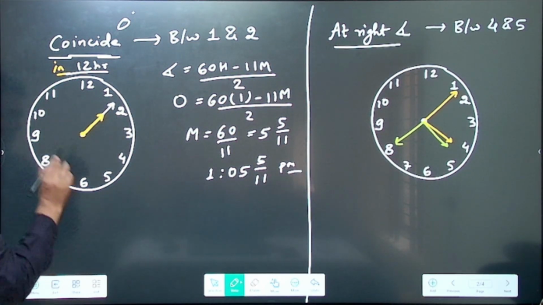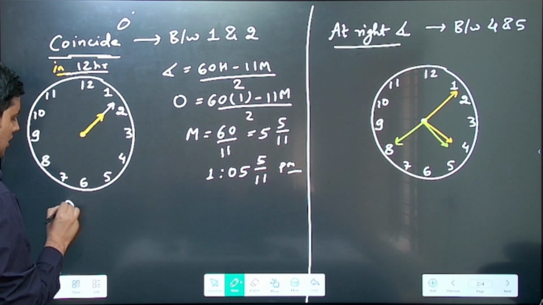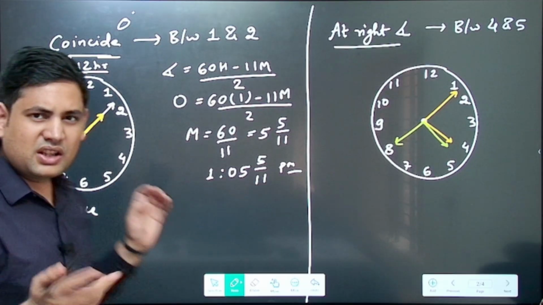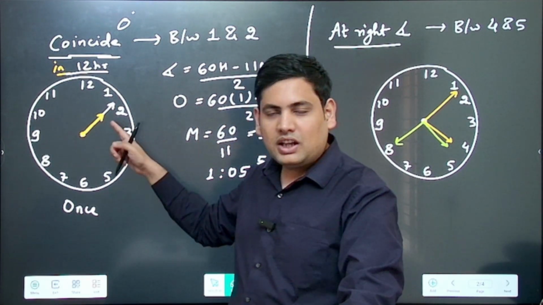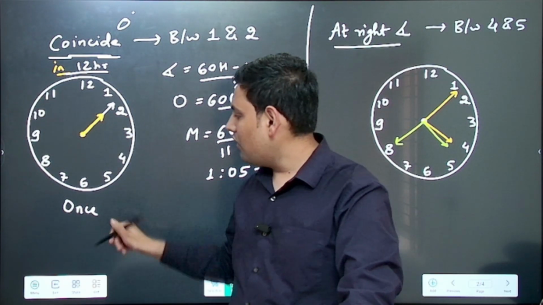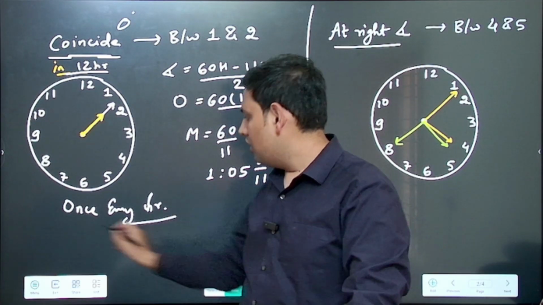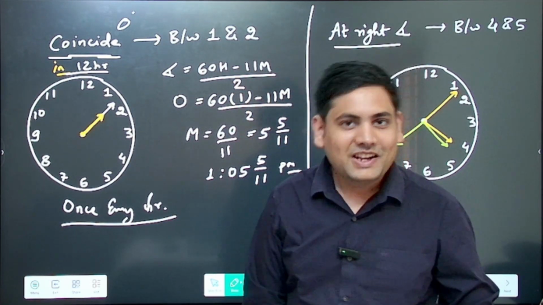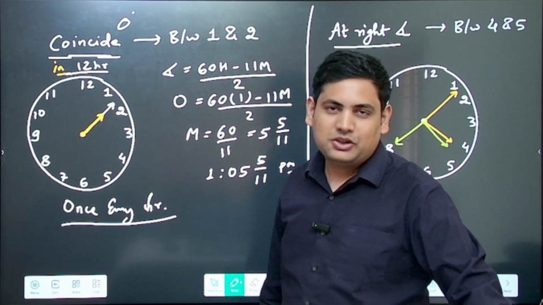The hour hand and minute hand go at a fixed speed, so their relative speed is also the same. So I say once every hour, which is almost correct, but there is one correction that needs to be done here.